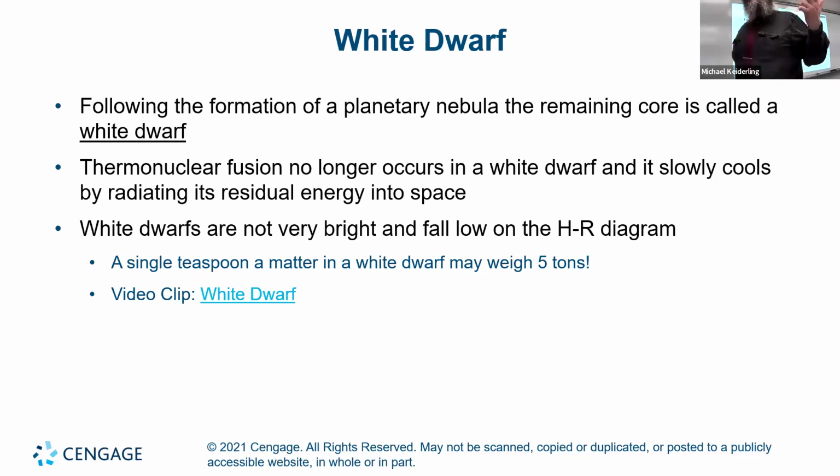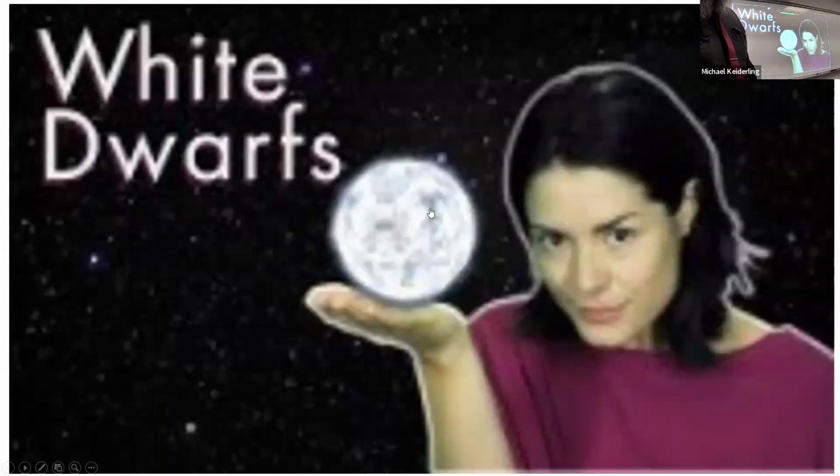And so a single teaspoon of matter in a white dwarf could weigh 5 tons. A white dwarf will often have a mass around the mass of the sun, and would have a size of around the size of the Earth. Super dense. So here's a short video about the weirdness of white dwarfs.